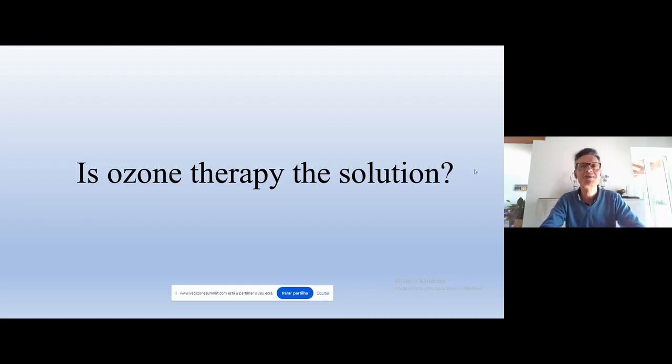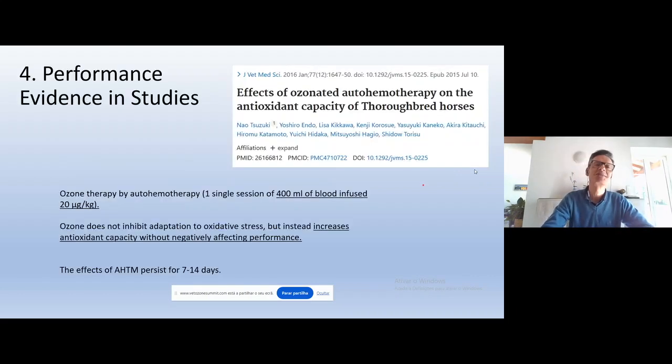When we went through the whole theory of ozone, we know that ozone can contribute to this. So going back more specifically to horse performance, I love this study of Naoto Suzuki. It was one of the first studies to be done with major autohematotherapy. He used 400 milliliters of blood.